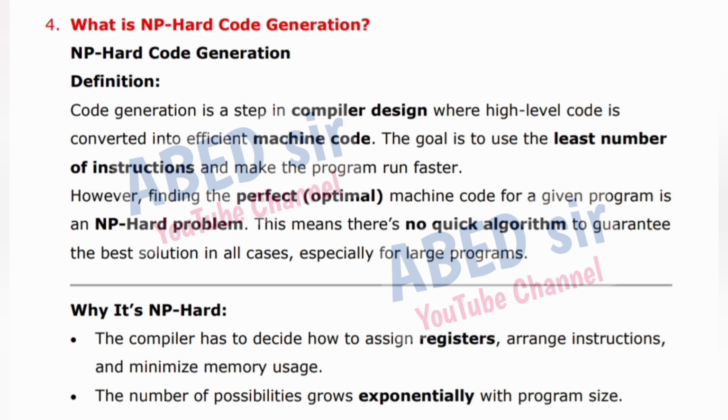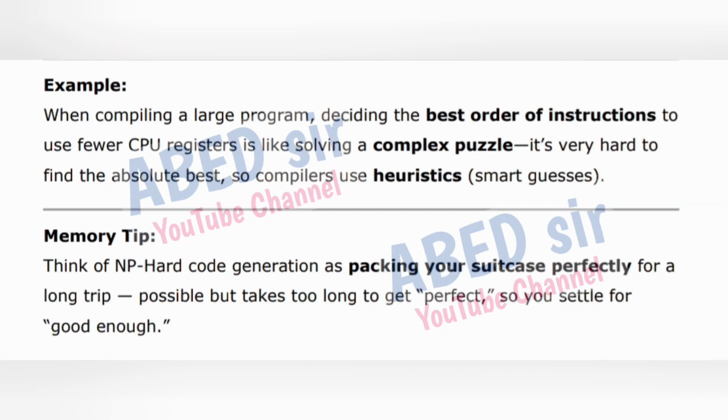Why it's NP-hard? The compiler has to decide how to assign registers, arrange instructions, and minimize memory usage. The number of possibilities grows exponentially with program size. Example: when compiling a large program, deciding the best order of instructions to use fewer CPU registers is like solving a complex puzzle.